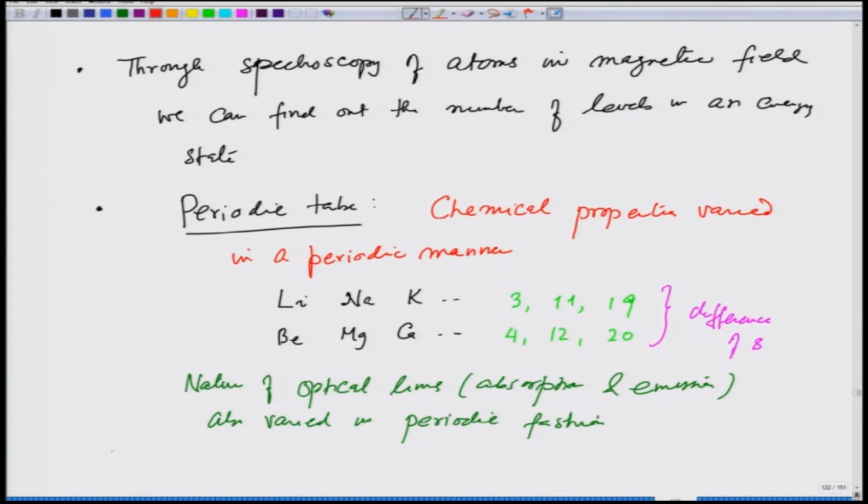And we also saw that at times the number of lines split in a magnetic field were even. These are contradicting whatever we have learnt, right.